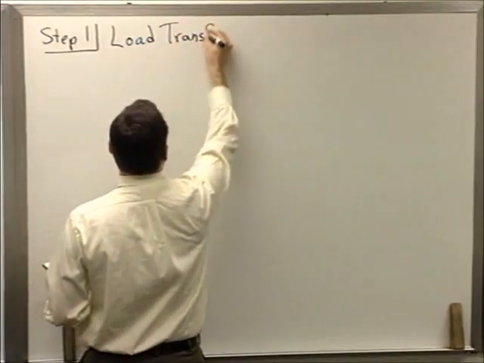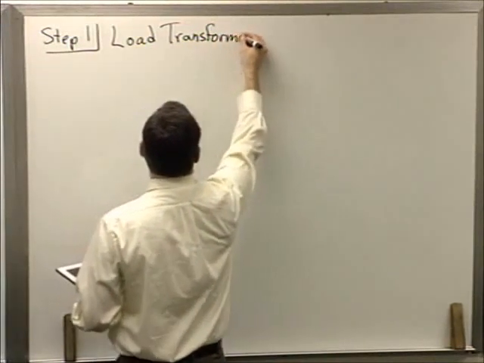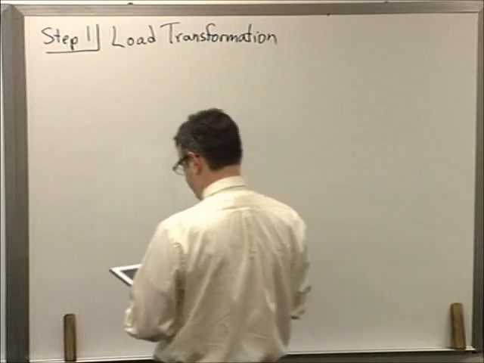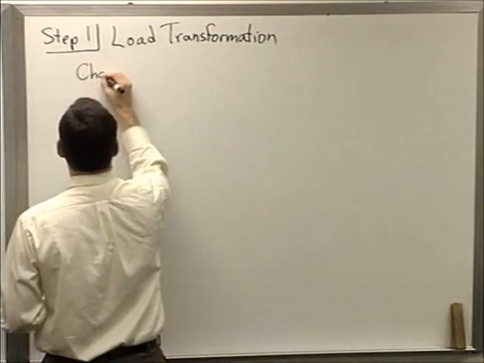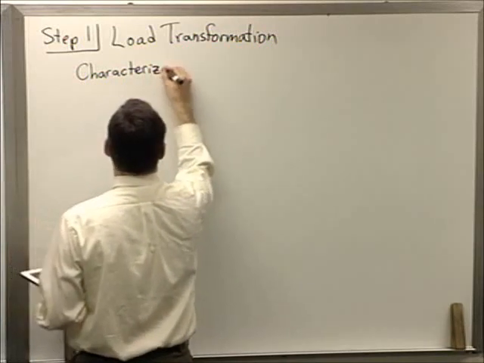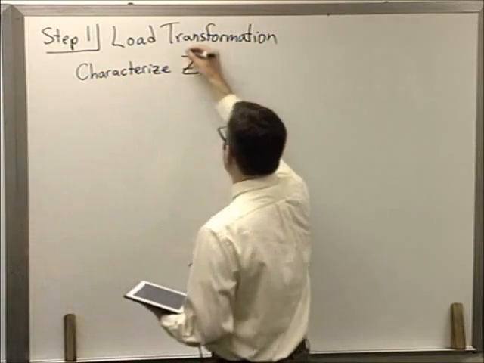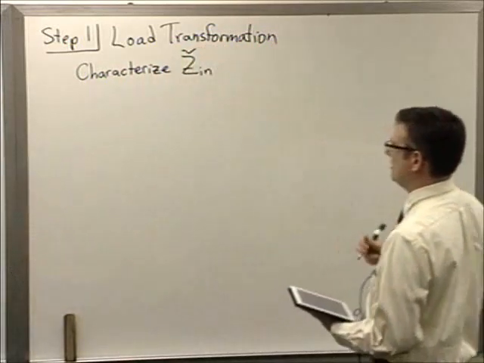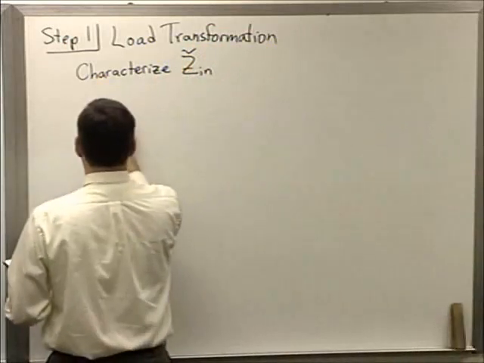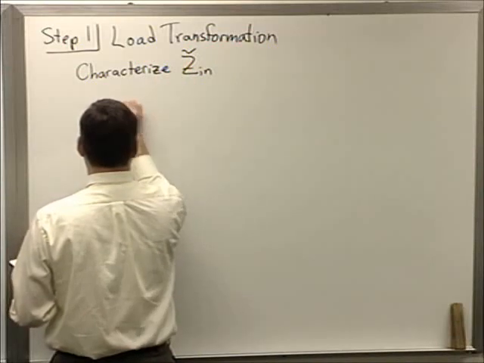Load transformation. Characterize my input impedance, Z sub in, or the Thevenin equivalent input impedance, what we called last time. Well, for that I'm going to have to use my load transformation equation.